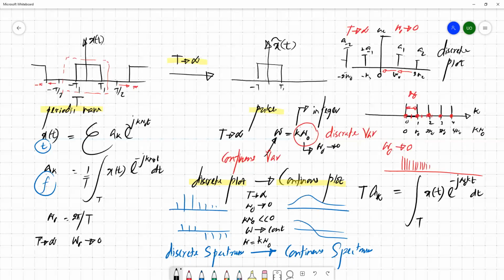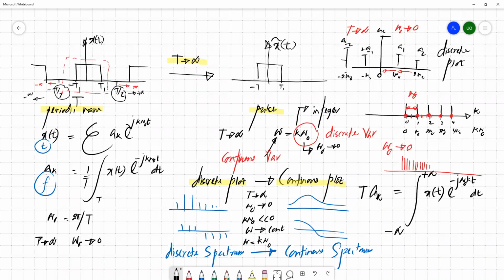For this case, we can integrate from minus T by 2 to plus T by 2. But once this T goes to infinity, this integral would be from minus infinity to plus infinity, because T by 2 moves to plus infinity, and minus T by 2 moves to minus infinity.